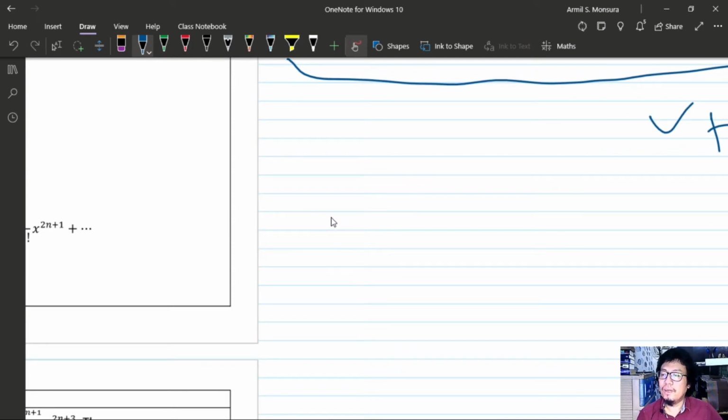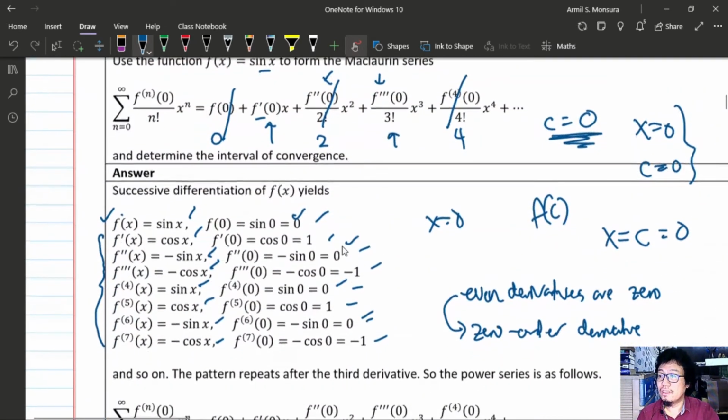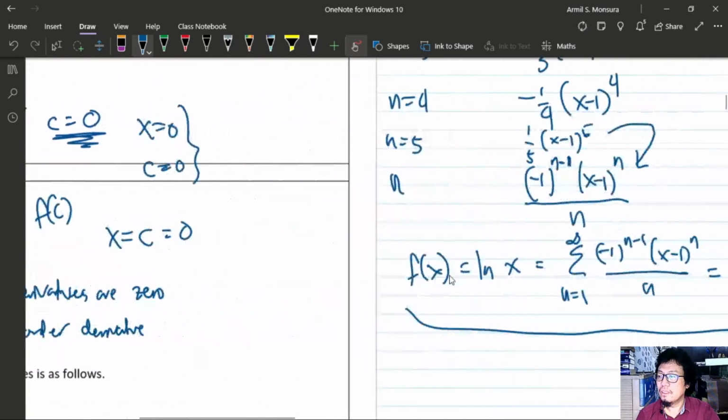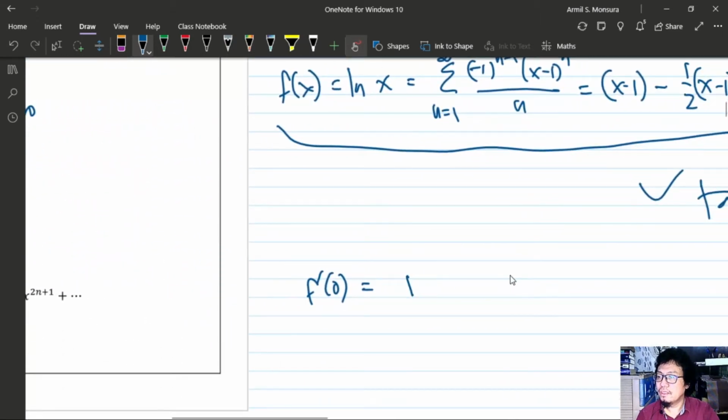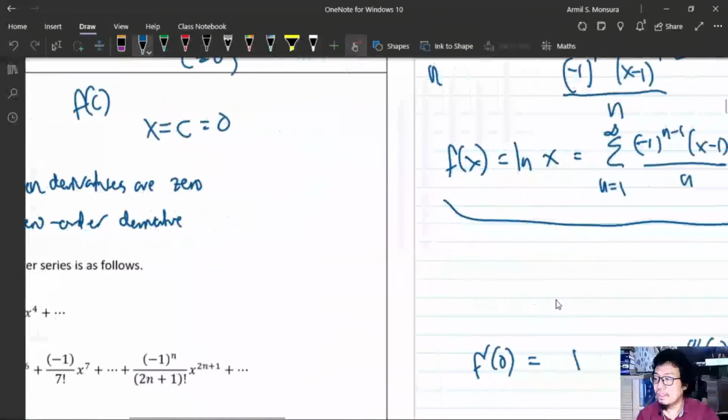We will have f prime of 0 equals 1. The third derivative, since the second derivative is 0, f triple prime of 0 is negative 1.